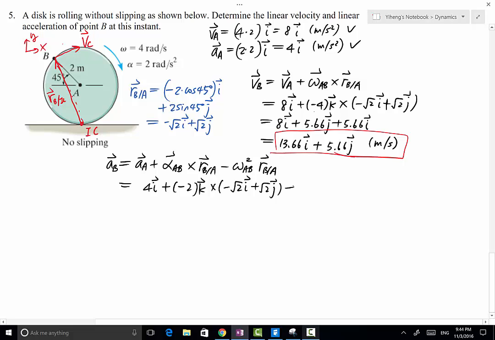And then minus omega AB, which is negative 4, squared, times negative square root of 2 i plus square root of 2 j. So we do the evaluation, and this eventually equals 29.5i minus 19.8j in the unit of meter per second squared.